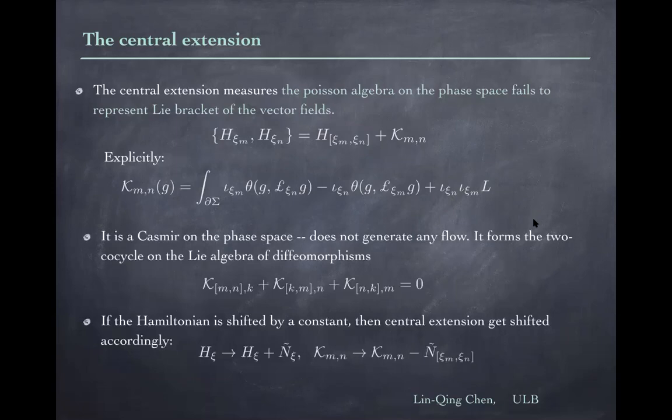So it is a Casimir on the phase space, does not generate flow by itself, and forms the two-cocycle on the Lie algebra of diffeomorphisms. When the Hamiltonian is shifted by a constant, which is actually very important because the symplectic potential can have various types of ambiguity, the central extension also gets shifted accordingly.